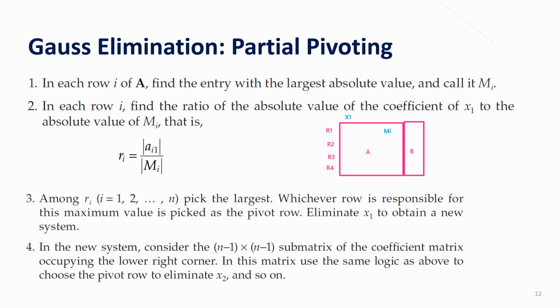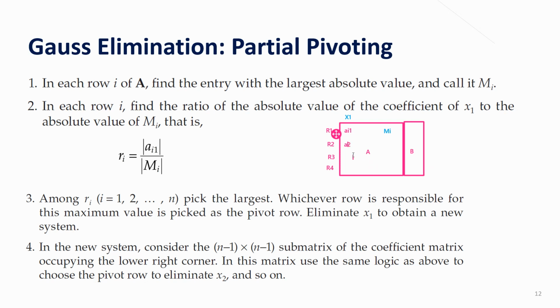So let's say here you have A11, row 1 column 1, A row 2 column 1, all of this.